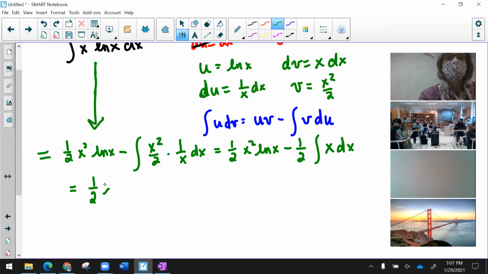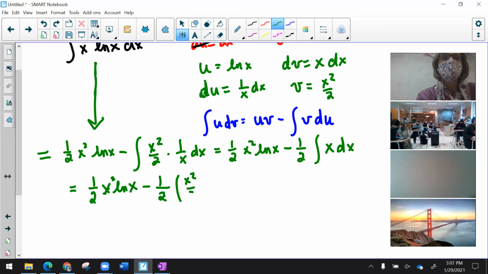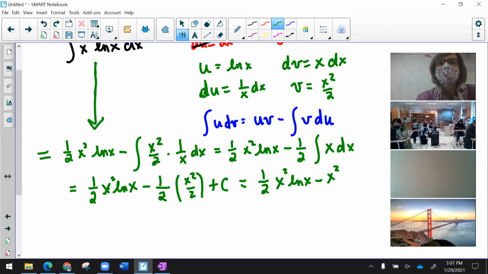So I've got 1/2 x squared natural log x minus 1/2, and what's the antiderivative of x dx? X squared over 2. Don't forget to add your plus c. Take a point off every time you forget to add plus c. So that gives us 1/2 x squared natural log of x minus x squared over 4 plus c.